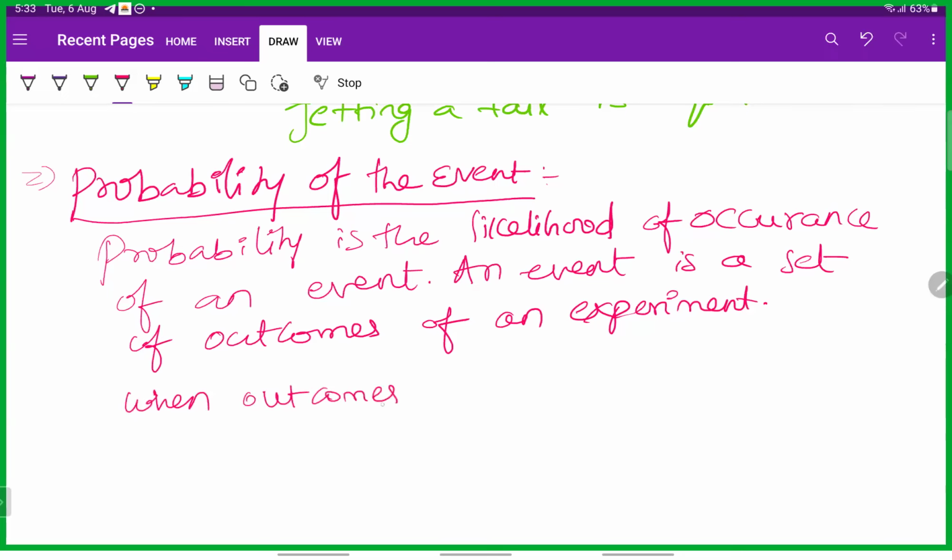So what did you write? The probability is the likelihood.